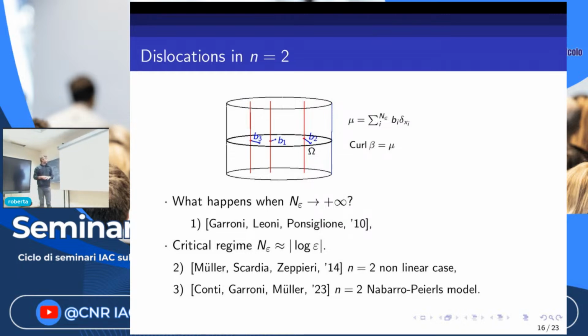In particular, one of the most interesting is the case in which the number of dislocations goes as log epsilon, because in this case you have a balance of the self-energy of the dislocation, so the energy near the core region of the dislocation, and the interaction between all the dislocations, which is now going to be important because we have a lot of dislocations.